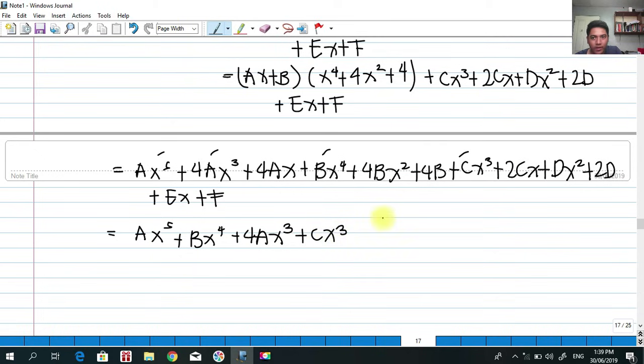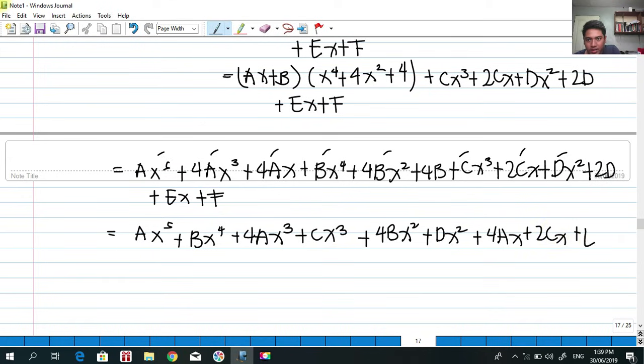And how about for the x squared? We have 4bx squared plus dx squared. Plus the x, so we have 4ax and 2cx plus ex.